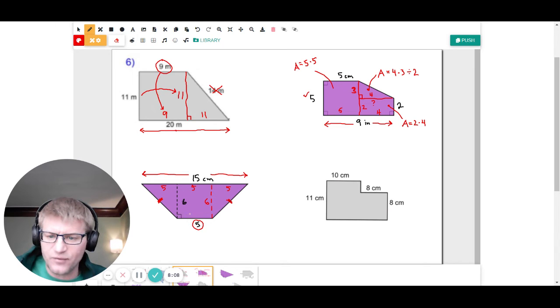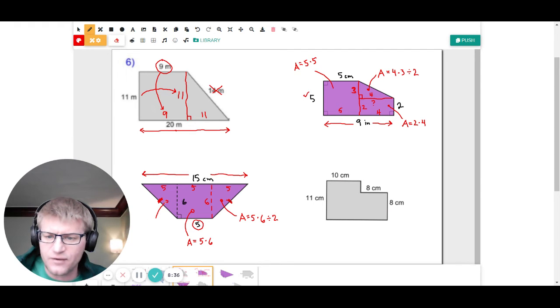So now I can find the areas. The area of the middle square, which is a little tricky, I know there's a lot going on here, is 5 times 6. The area of this triangle right here is also, look at the base and the height, 5 times 6, but you got to divide by 2. So area equals 5 times 6 divided by 2. And the area of the last triangle is exactly the same as that.